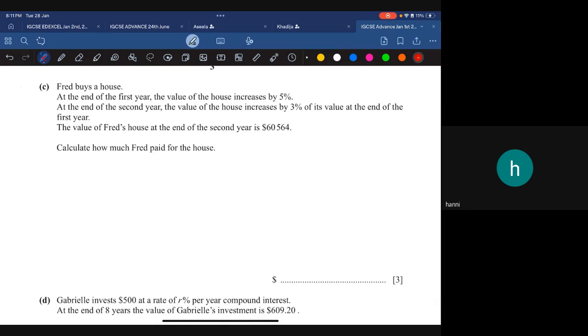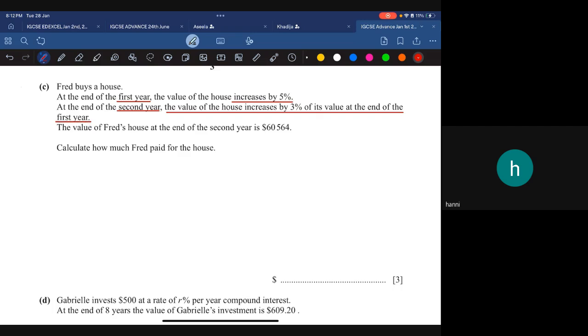The money has evolved, but what is more important is what sort of money you're going to be taking, because it says at the end of the first year the value of the house increases by 5%. At the end of the second year the value of the house increases by 3% of its value at the end of the first year.